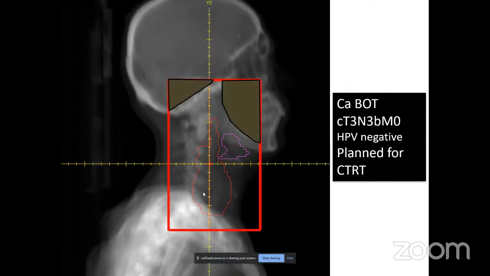So this is the portal, and it is important. You can see that with this kind of portal, there is the chance of irradiating the lower part of the brain, which is the cerebellum, and a significant amount of oral mucosa. We can actually block that with the placement of blocks like this.